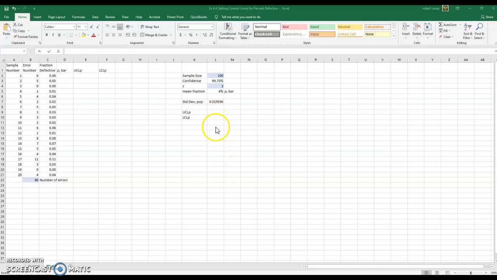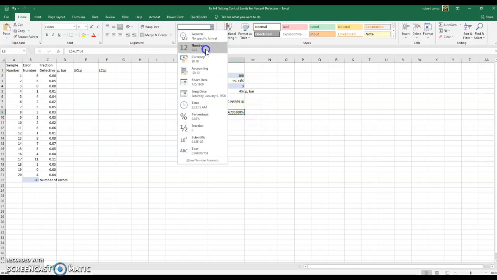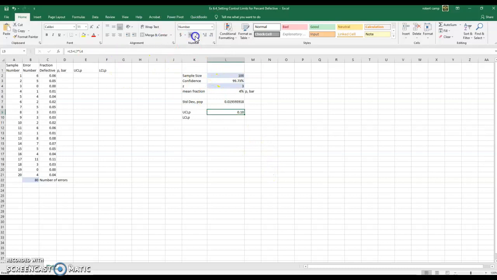So my upper control limit will be plus, so that's the mean fraction plus the standard deviation times the z value. Because I have mean fraction and percentage, this defaulted to percentage, so let's change this back to just a number, 3 decimal points. I'll change this back to a number 2 then.